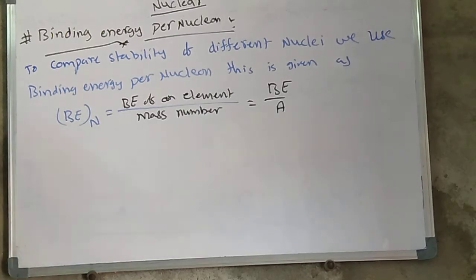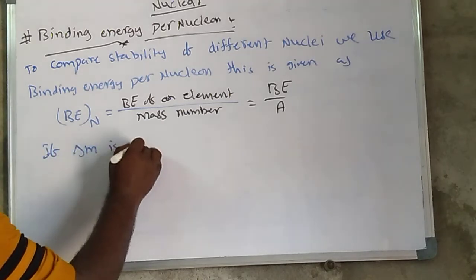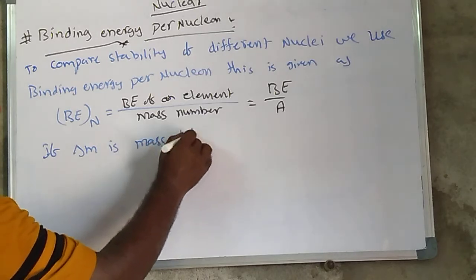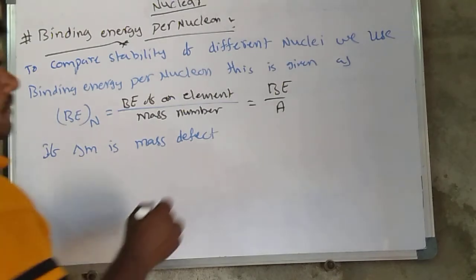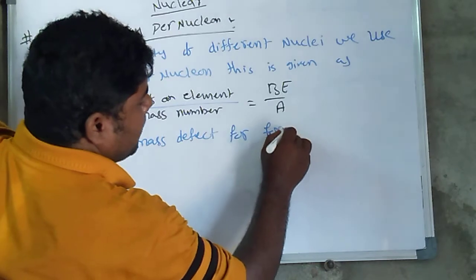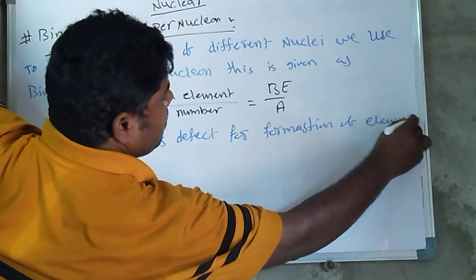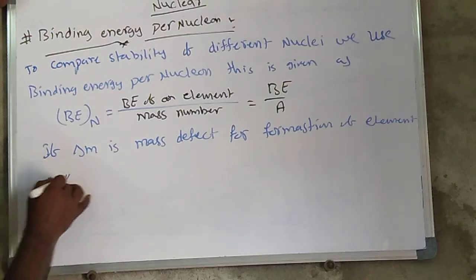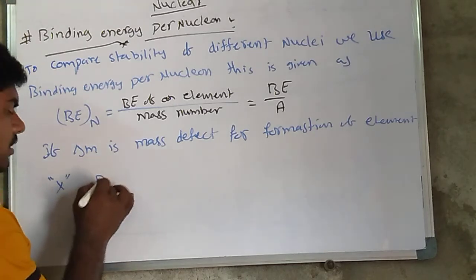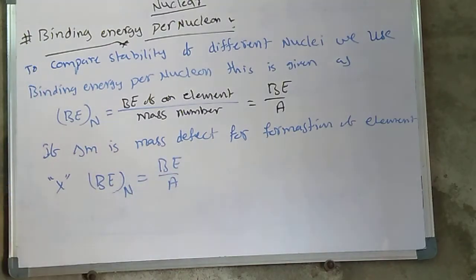If delta m is the mass defect for the formation of an element X, then the binding energy per nucleon is equal to the binding energy per mass number.